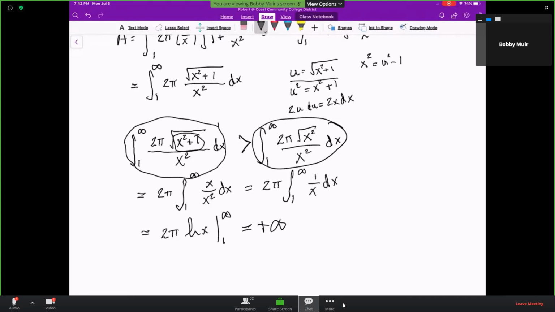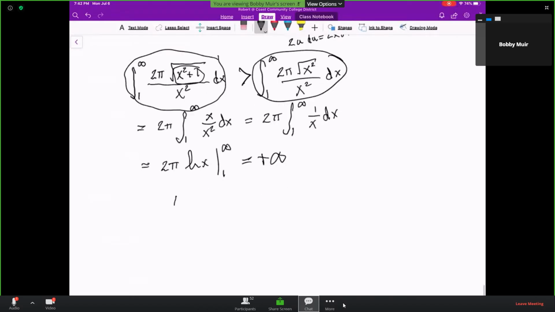Okay, so this is the interesting feature about this so-called Gabriel's horn. This Gabriel's horn has a finite amount of volume, as we found, but an infinite amount of surface area. So that's something for you to contemplate while you're contemplating your navel.